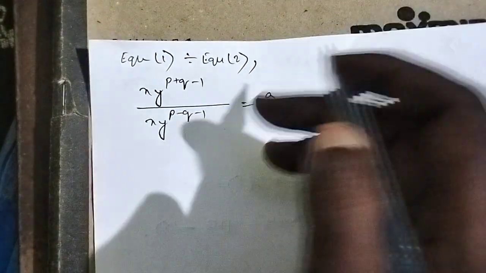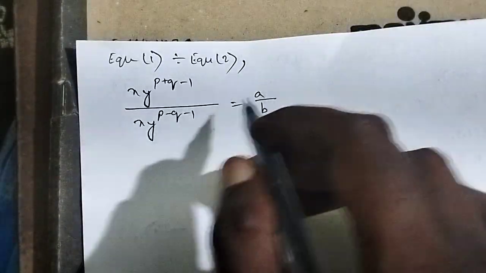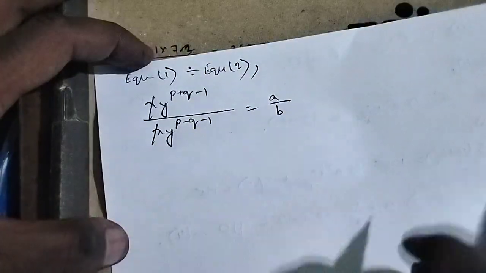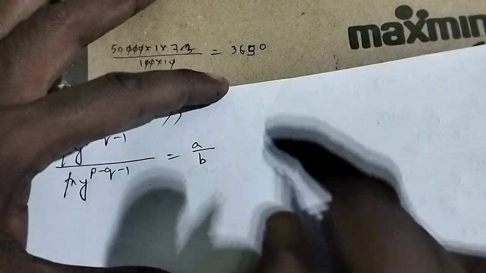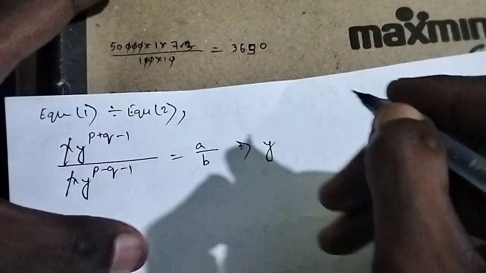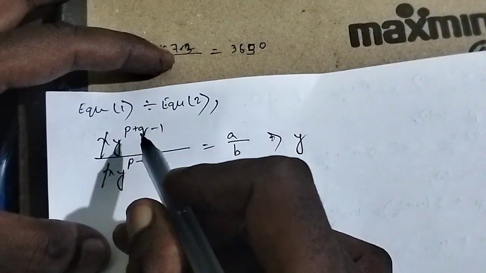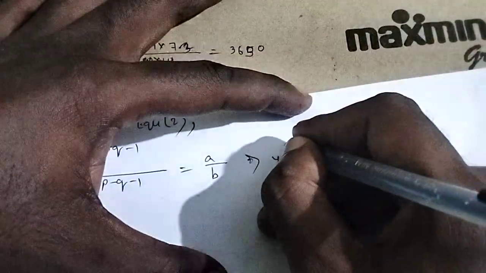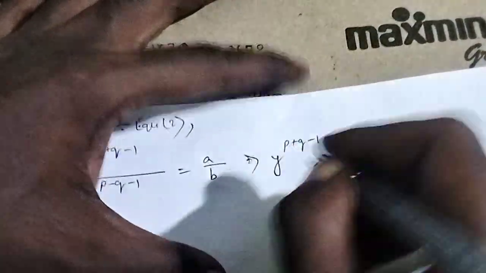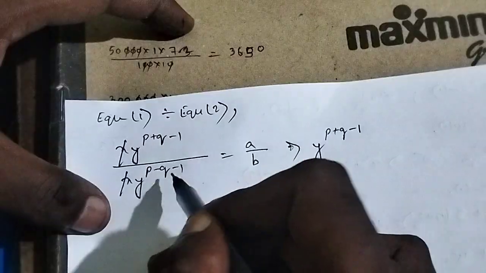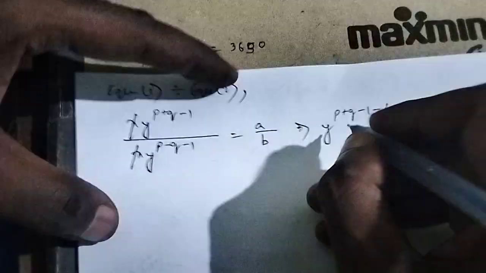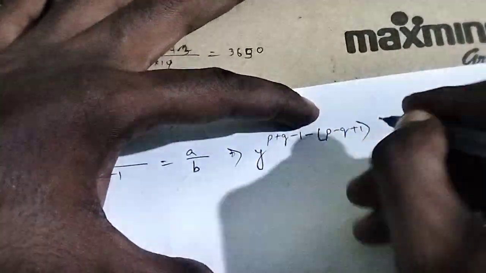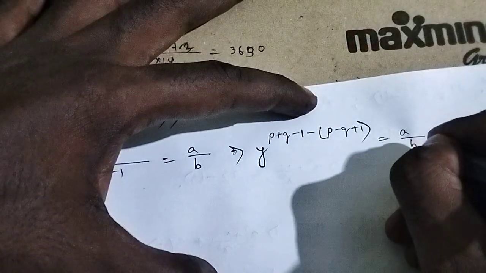Here x will cancel each other. The base is same, powers are different. In case of division, power gets subtracted, we know. So it would be y to the power (p plus q minus 1) minus (p minus q minus 1) is equal to a by b.